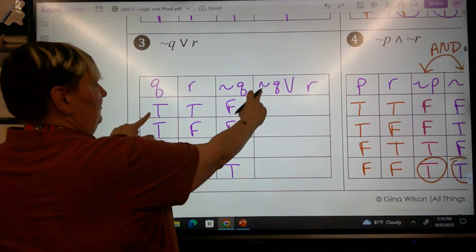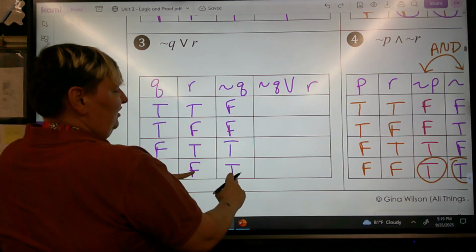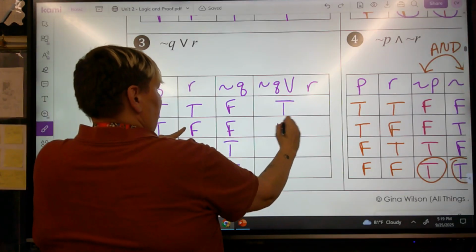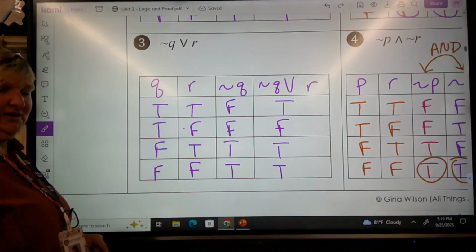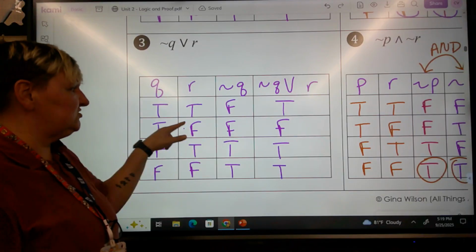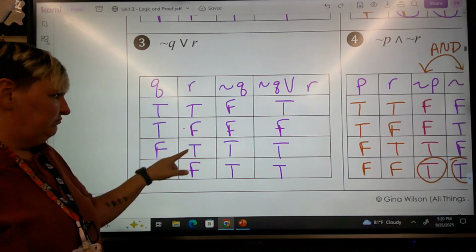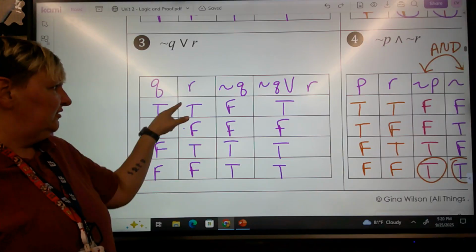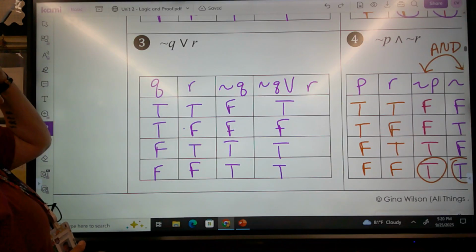And then we're working with not Q or R. So we're doing these two columns and it's an or. So only one of them has to be true for it to be true. Both of them can be true and it's true. One or the other can be true and it's true, but at least one of them has to be true or it's false, because it's an or statement.